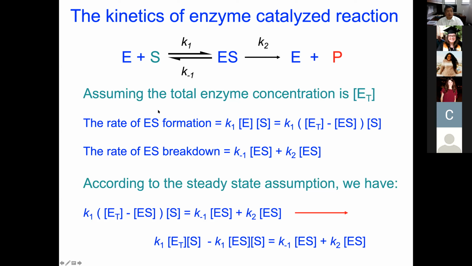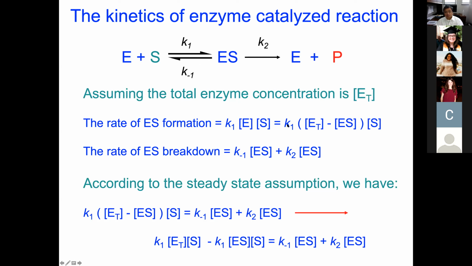So the formation of ES equals K1 times the free enzyme concentration multiplied by the substrate concentration. That corresponds to this step of the reaction. So that is one process which results in the formation of ES.